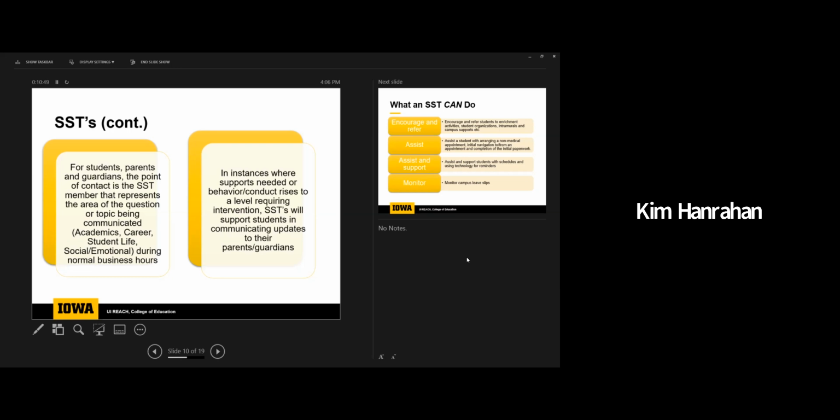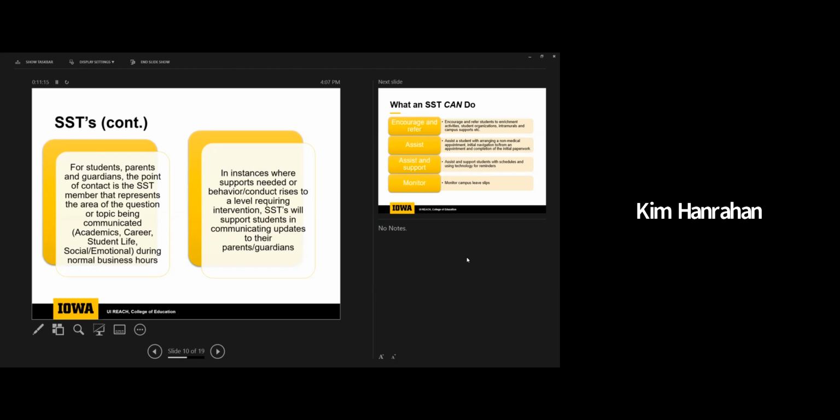So let's say it's an issue about classes or coursework or taking integrated classes, that would all go to the student support team member that represents the academic core area. And again, we'll review this with you more as fall rolls around. And then just to let you know that we understand that you are the student's expert. You know them much better than we do.